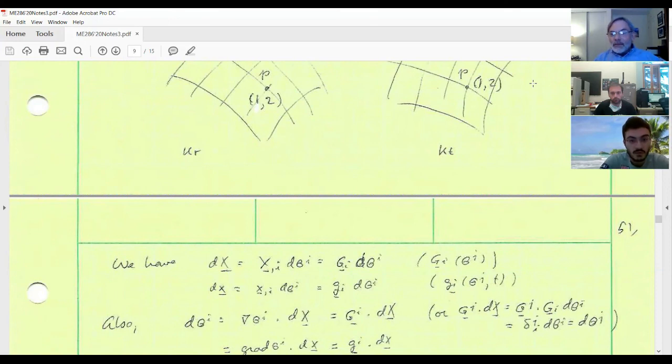So v, right? Replace v by gradient phi. So you have to take the comma I of the vector gradient phi, which is phi comma j, g super j. Take the comma I of that whole thing, right?